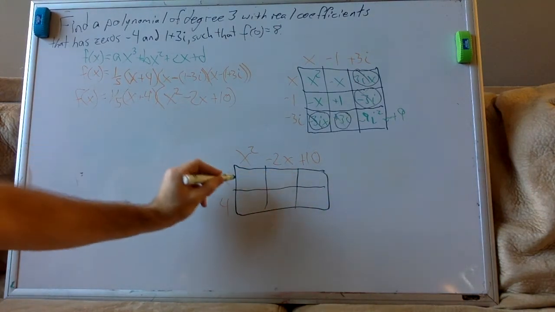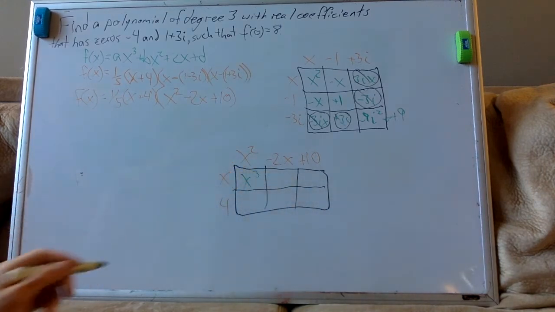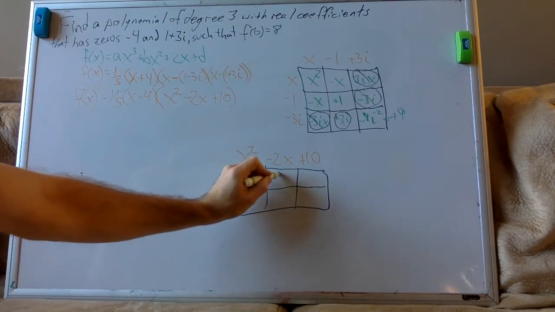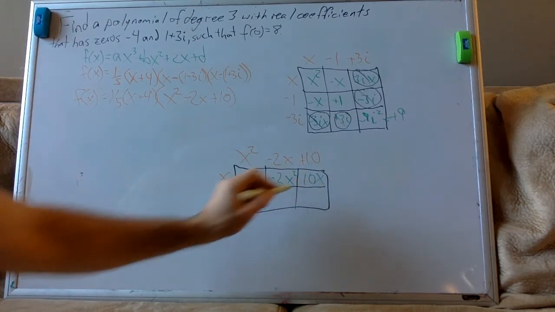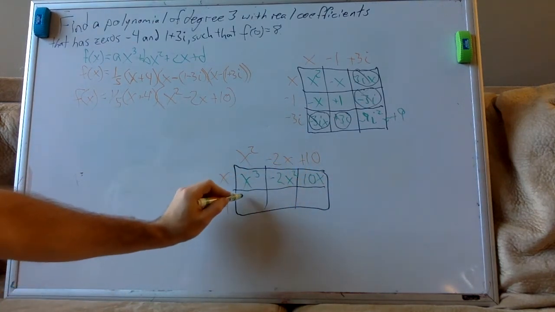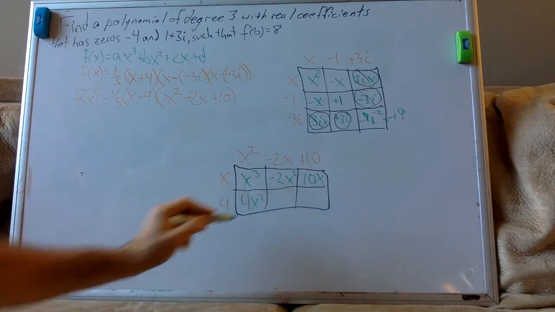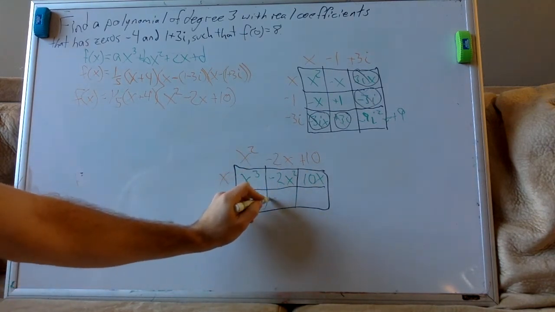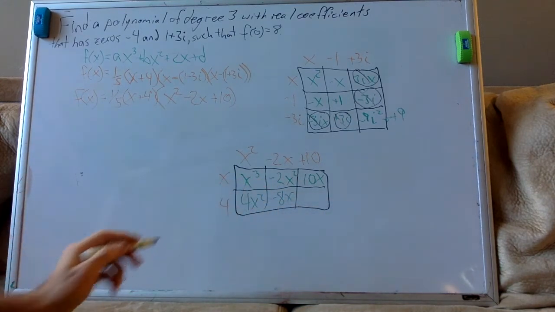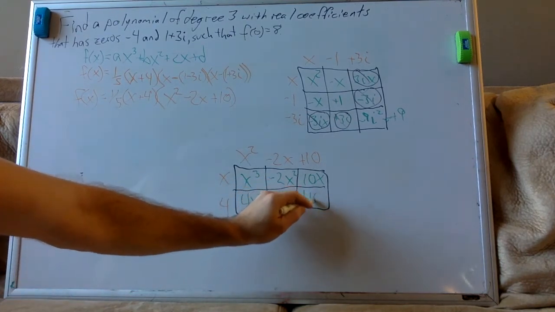So I have x times x squared, that's going to be x to the third. X times negative 2x, so negative 2x squared, and then 10x. Here I have 4 times x squared, so 4x squared. 4 times negative 2x, so negative 8x, and then 40.